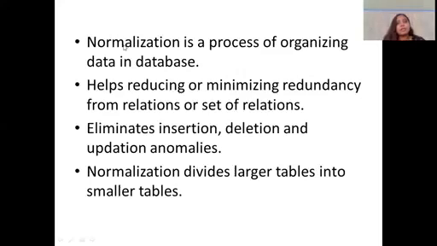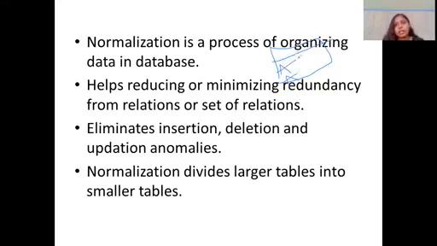Another thing is that when we store the data, we have to make sure that the data is not stored multiple times. For example, there is a COVID patient A. We have to make sure that the details of COVID patient A are not stored multiple times. As I told, the data will be stored in the form of tables. If I store the COVID patient A details, and again store the details of patient A again, then I am storing them multiple times.